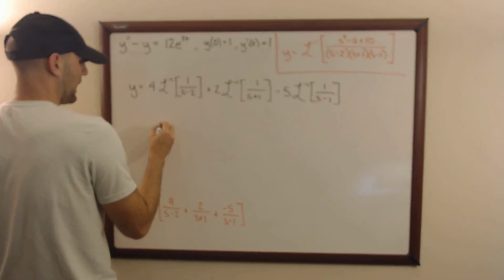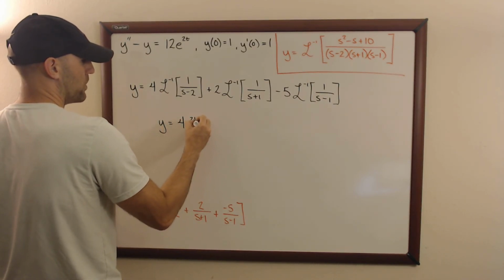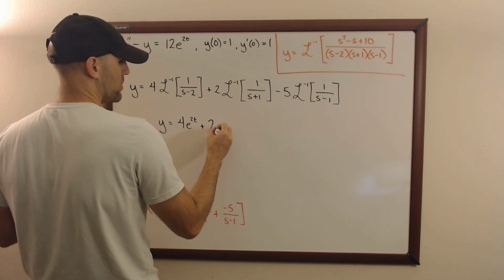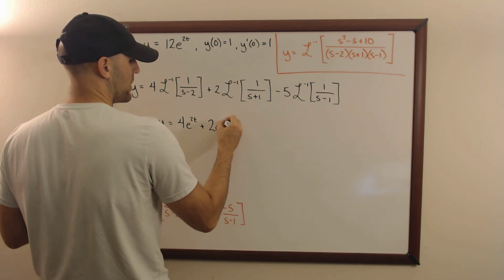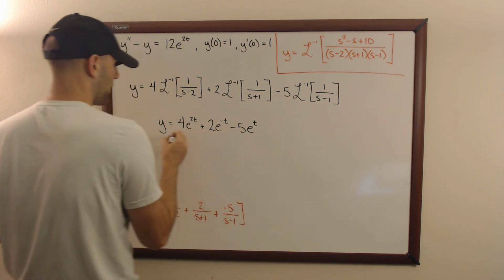These translate very easily. This is 4e^(2t) plus 2e^(-t) minus 5e^t.